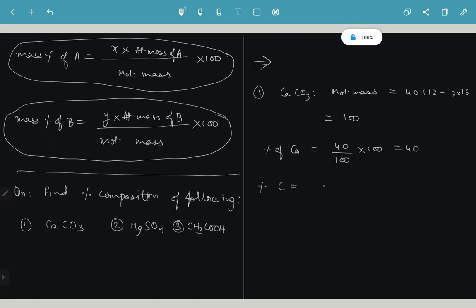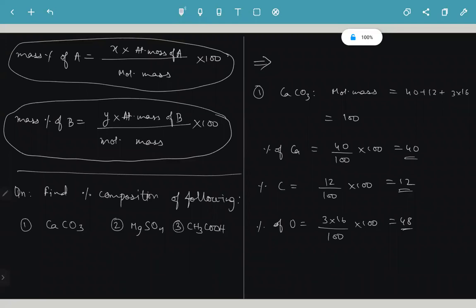Percentage of carbon, 12 by 100 into 100, it is 12%. Percentage of oxygen, 3 into 16 by 100 into 100, 48%. These are the percentages of calcium, carbon and oxygen in CaCO3.